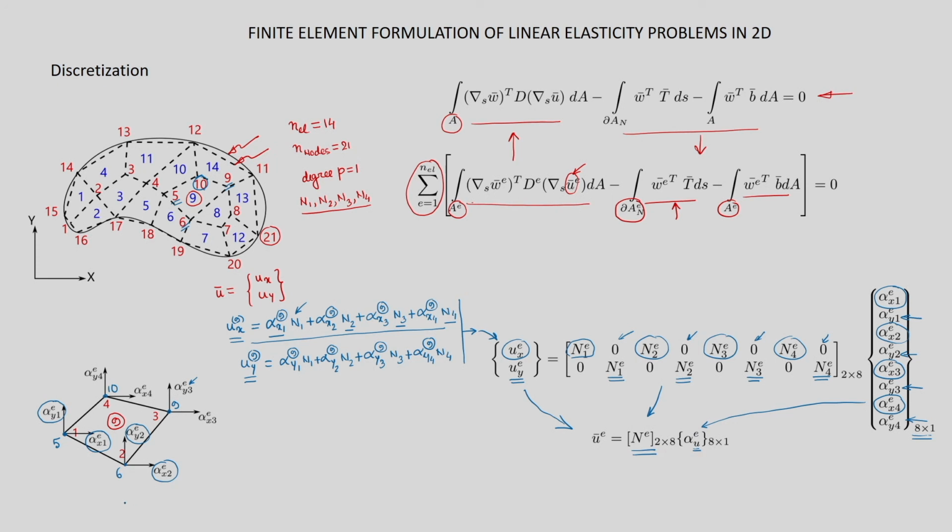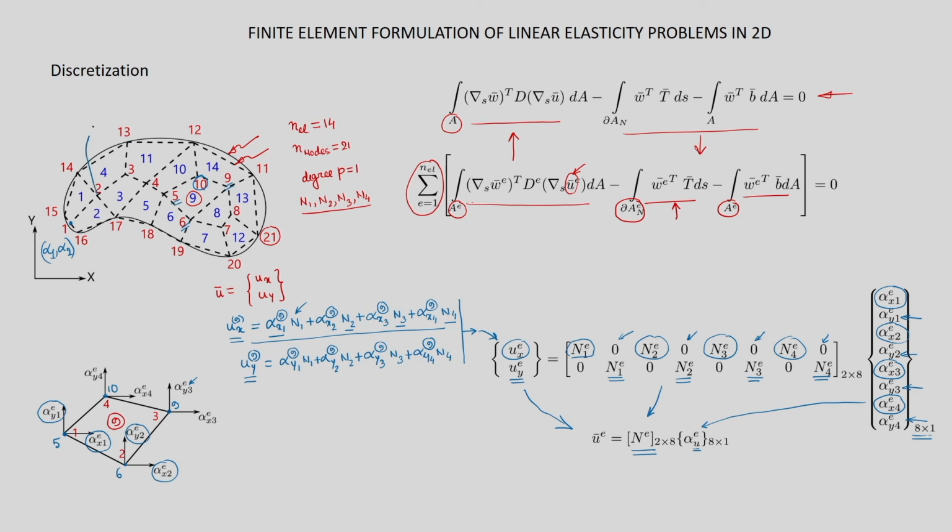Now, before going to the next step, let me just explain the numbering of the degrees of freedom also. We have seen how the local node numbers are written and how the corresponding global node numbers are written. Now, let us look at the numbering of the degrees of freedom. If I start with node 1, I will express the nodal degrees of freedom as alpha 1 and alpha 2. It means alpha 1 represents the x displacement at node 1, alpha 2 represents the y displacement at node 1.